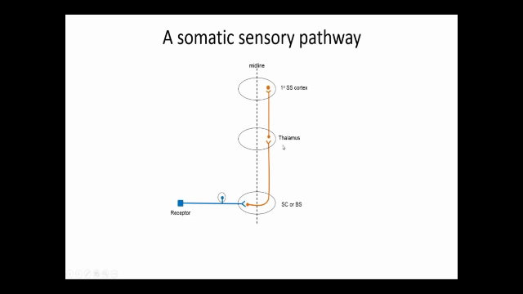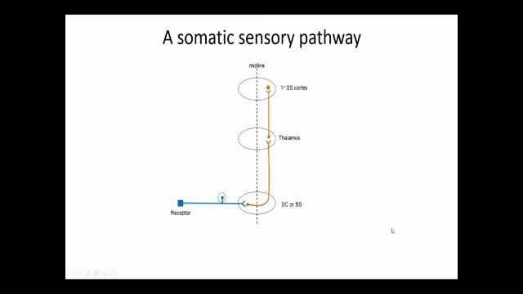When it comes to how the sensory information makes its way from a receptor up to the cortex, we can think of it very simply like this. It's a 3-neuron pathway that ends in the primary somatosensory cortex. So we have one neuron here, the second neuron here, and the third neuron here.